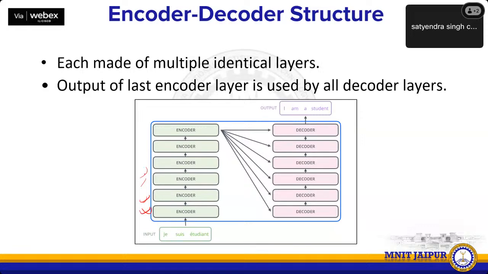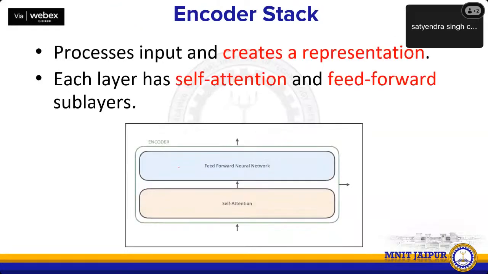So you might have n number of encoding layers for the input, and each encoding layer contains two sublayers: the self-attention layer and the feed-forward layer. This is the important part, which basically gives you a rich and higher representation of the input.